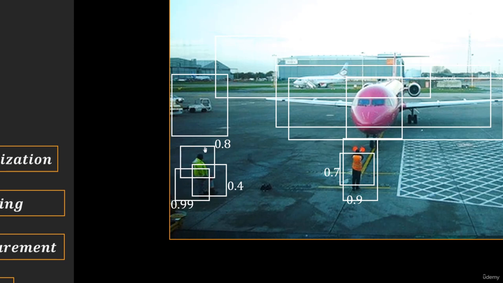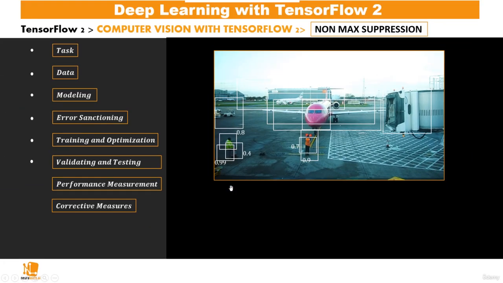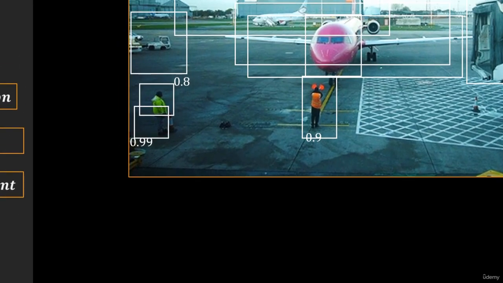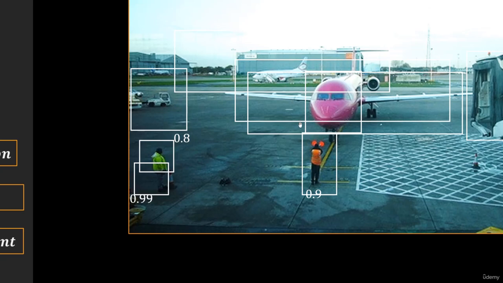It means this box is not going to be suppressed. Now if we look at this other box, if we suppose that the IOU is greater than 0.3, then this box is going to be suppressed. So at the end of the day, what we get now is these new predictions where we have just this one box surrounding this object and these two boxes surrounding this object.